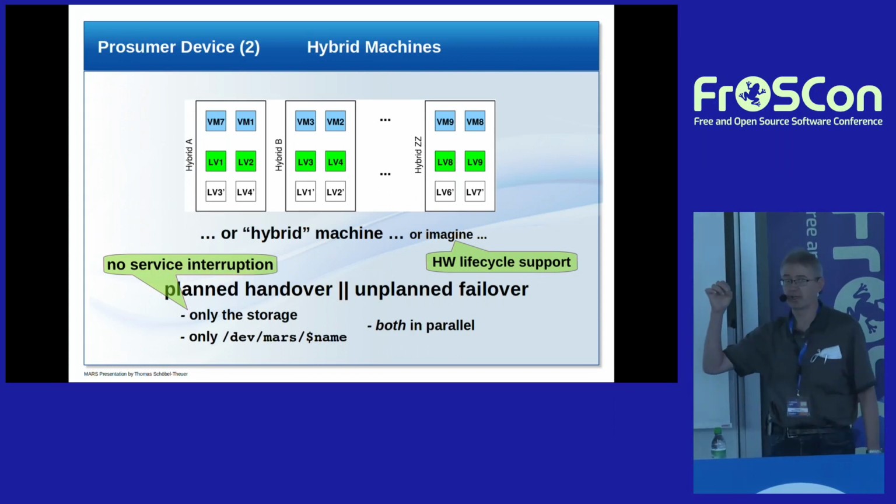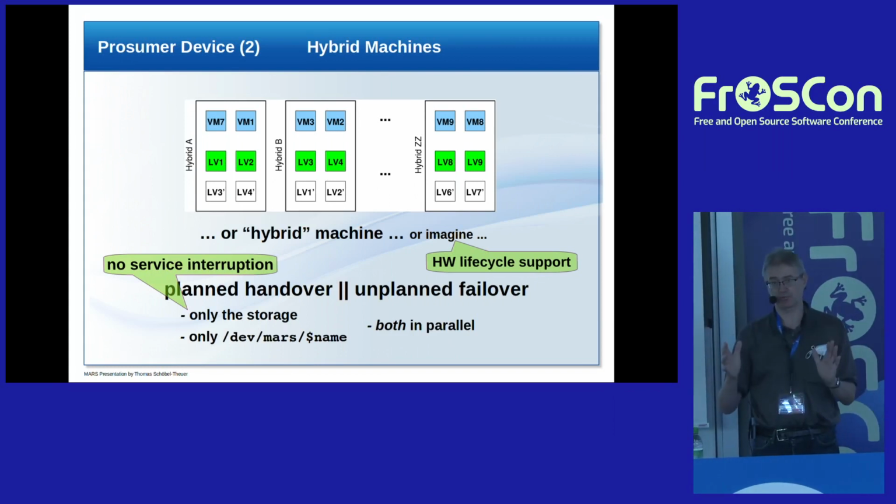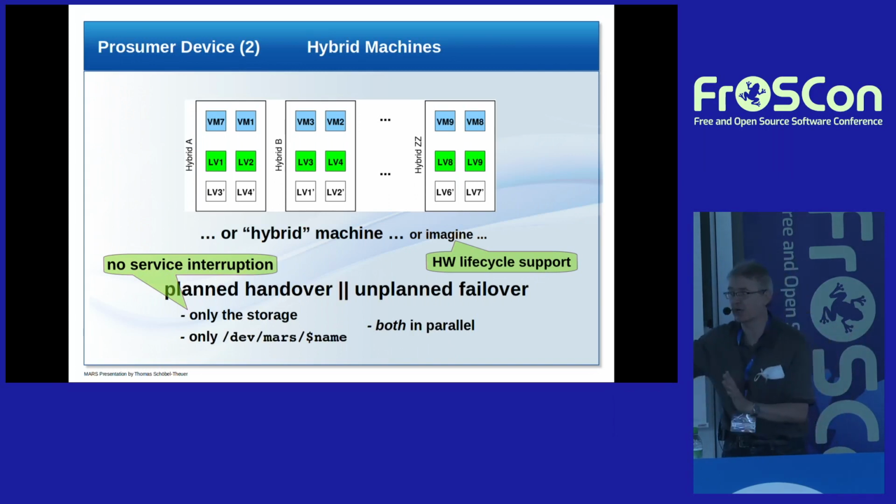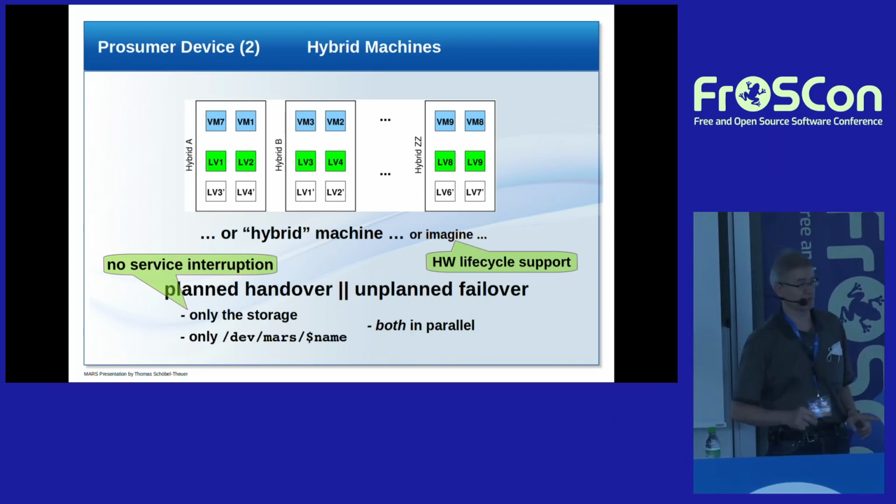That means, for load balancing options, you have most machines as hybrid machines, as we actually have, but some additional machines in order to be able, for load peaks, to migrate them, or to just switch only the /dev/mars device but leave the storage where it is. These are the other options, because it's independent.